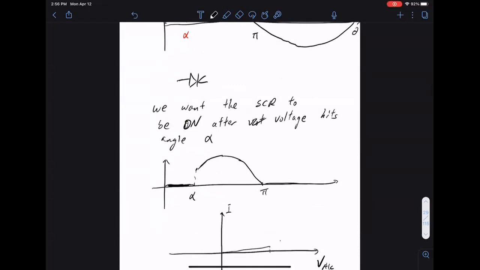by this time, at this angle alpha, we apply a pulse. This pulse is applied to the gate. This is the control pulse we apply to the gate. Once you apply a current pulse to the gate, suddenly this device acts like a wire, a closed switch.